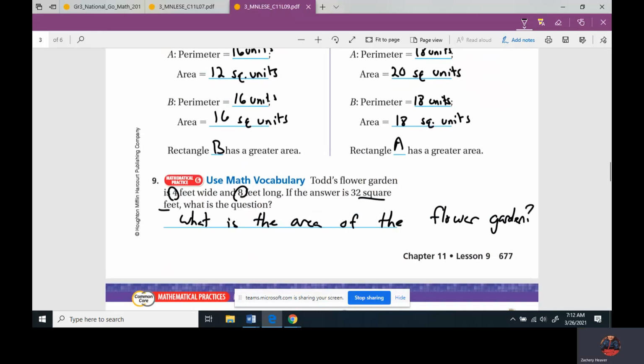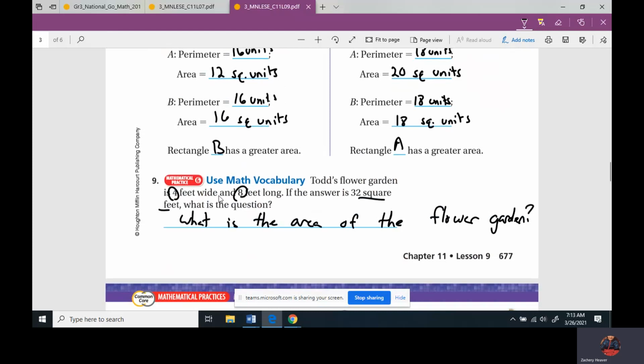What is the area of the flower garden? Because we know 8 times 4 also is 32. But when we see square feet, we should automatically hook on to they are asking for the area. Square feet. Area counts as squares. That's what we're looking for. What is the area of the flower garden?